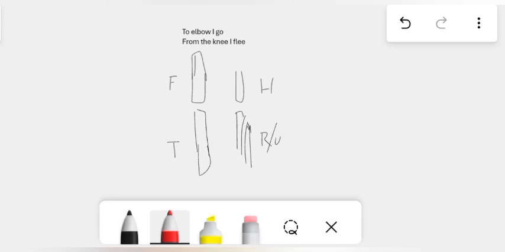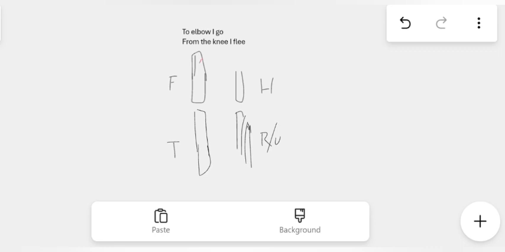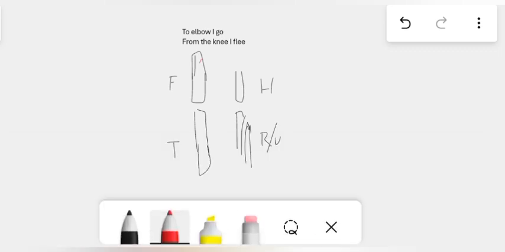So what that means is that there is a growing end of a bone. In the lower limb, let's suppose this is femur and this is tibia, and this is the upper end of femur. This part is the upper end of the femur and this part is the lower end of the tibia. So the upper end of the femur and the lower end of tibia are the growing ends in a lower limb, right?